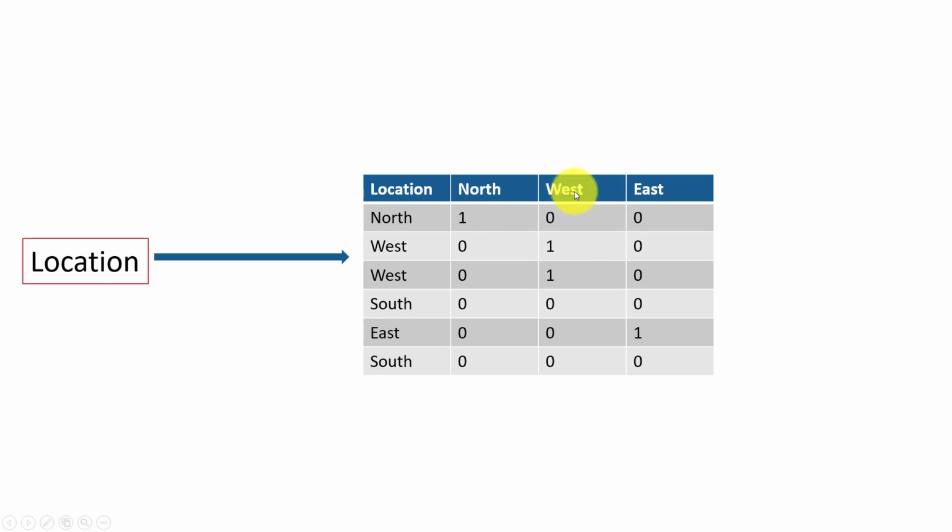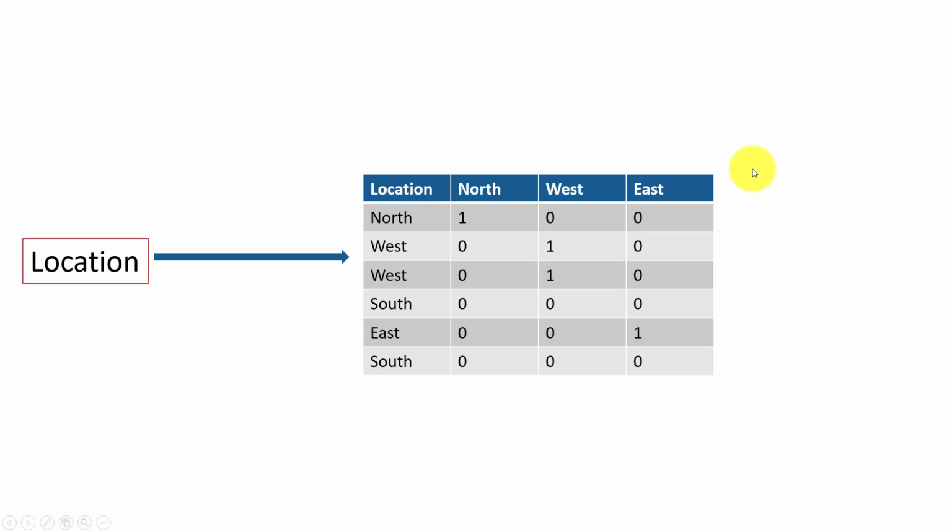For the dummy of West, we have a value of 0 for everything else but 1 for West. So a person working in the West is assigned a value of 1 for the dummy of West. Similarly, for the dummy of East, we have a value of 1 where a person is working in the East, and the rest are 0. For South, we wouldn't have any variable.